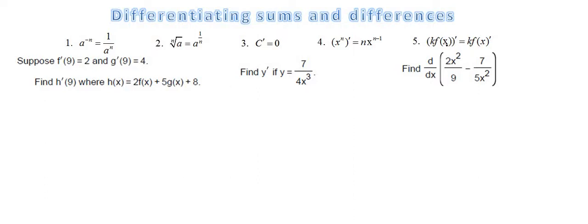And the fifth one is the constant multiple property: k times f(x), prime, equals k times f(x) prime. We only do the derivative for the function if we have multiplication with a constant.